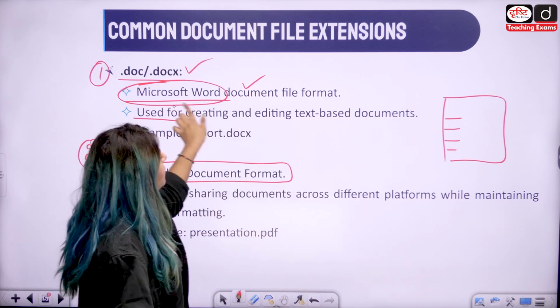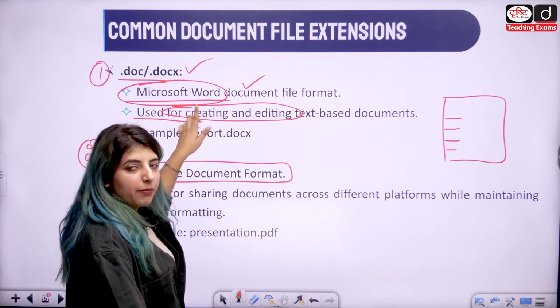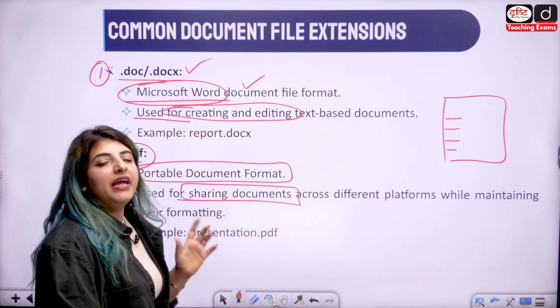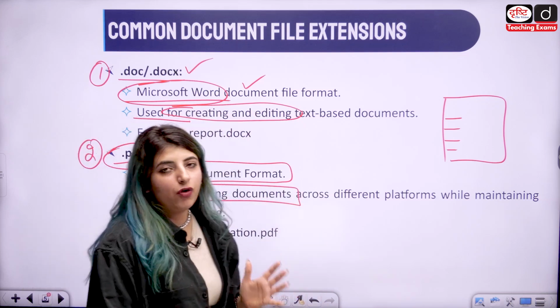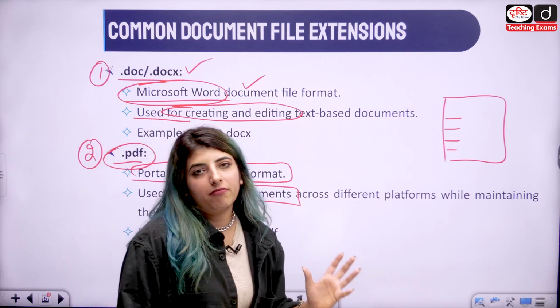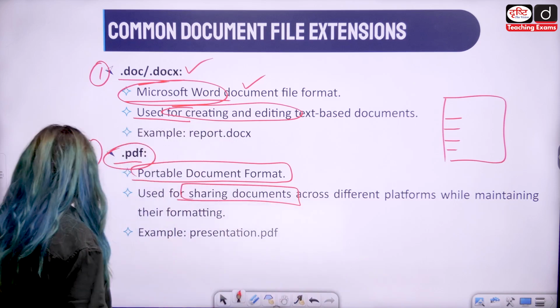Doc is used for creating and editing text-based documents. We make documents in the PDF format if we want to share them across different platforms and keep the formatting intact, correct?